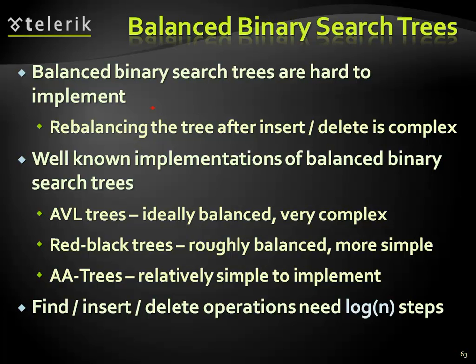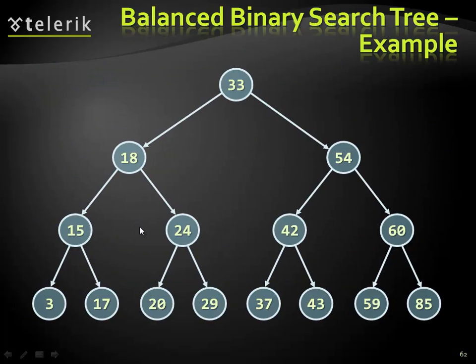So there are several implementations of balanced binary search trees. First are AVL trees. Now I'm not going to tell you what the abbreviation means because I'm not sure either. But if you Google this, you'll get an idea. So these things are perfectly balanced. They always implement this case. They always have this case. Or in the worst case, this element is not here, for example.